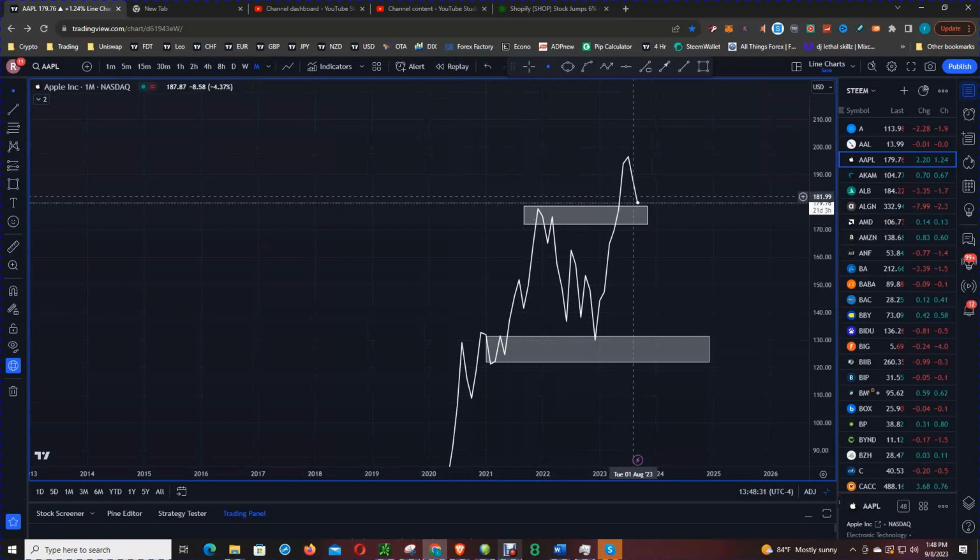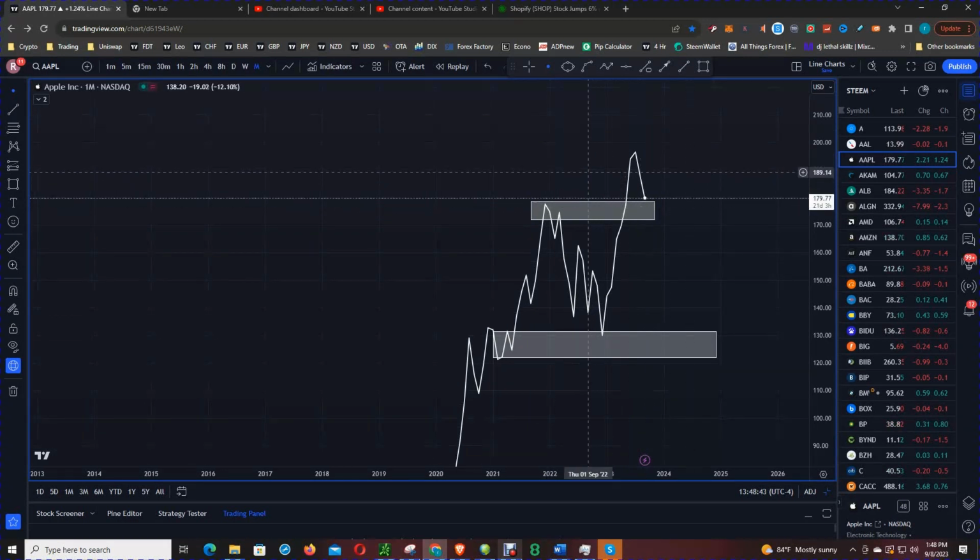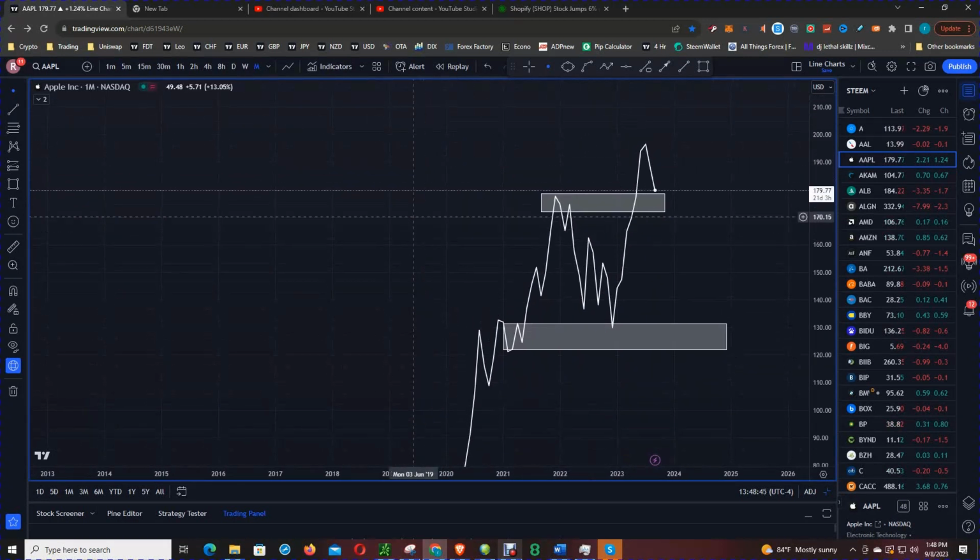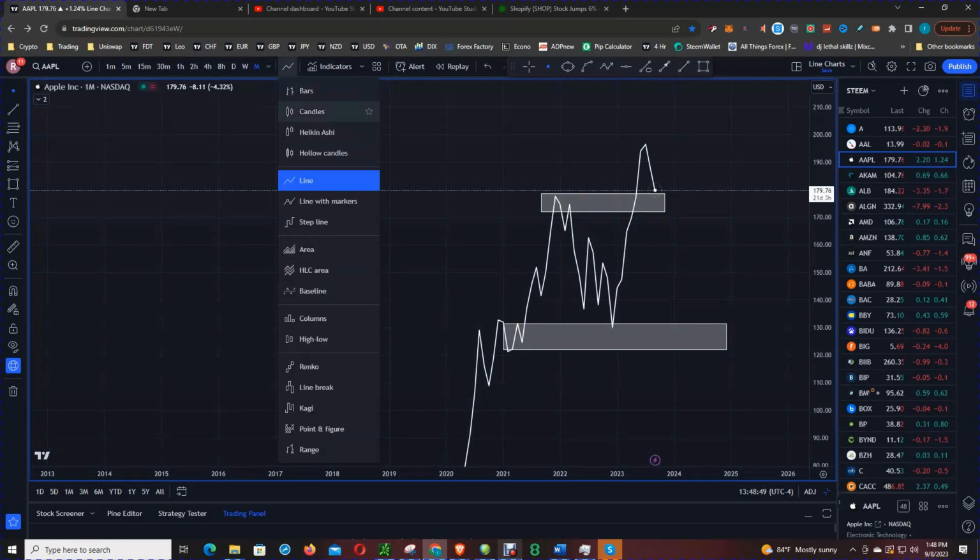Now we know Apple's pulling back, right? Due to China banning their iPhones. So this could be an opportunity where price rallies. This will be a flip zone. All right, let's put on the candles.